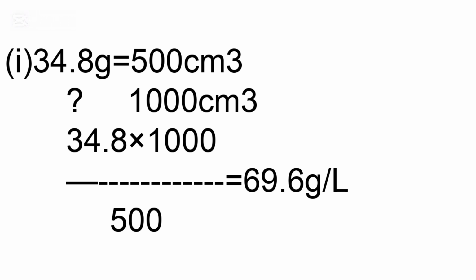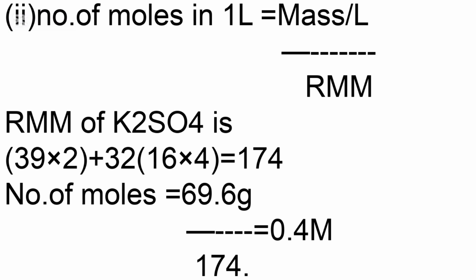That is part 1. Roman 2, the number of moles in 1 liter. So we already have the number of grams per liter. So we shall say it's equal to mass per liter over the relative molecular mass. Now the relative molecular mass of potassium sulfate is 39 times 2 atoms of potassium, because there are 2 atoms in the formula, plus sulfur, which is 32 RAM, then plus the RAM of oxygen, which is 16 times 4 atoms.